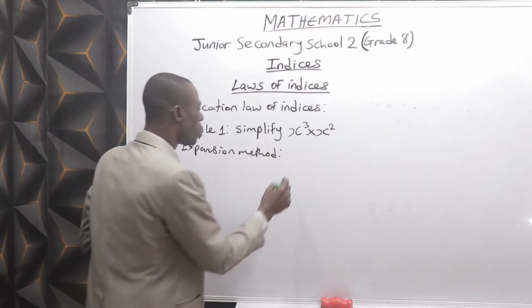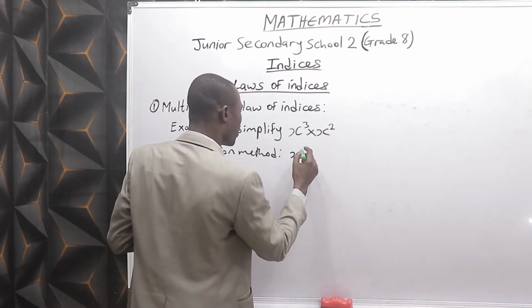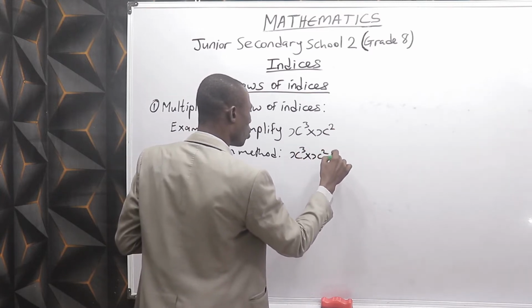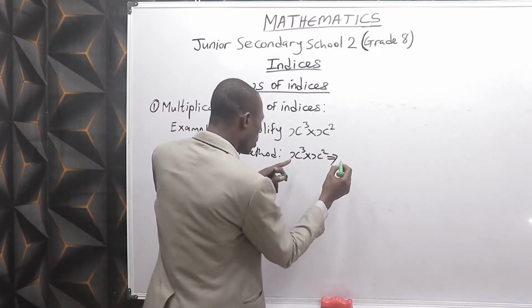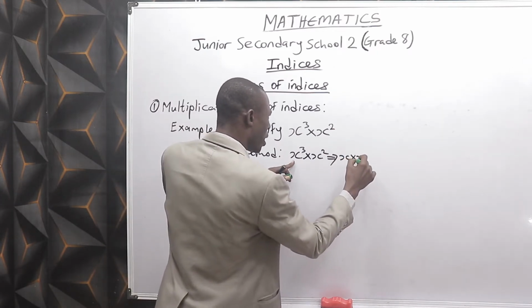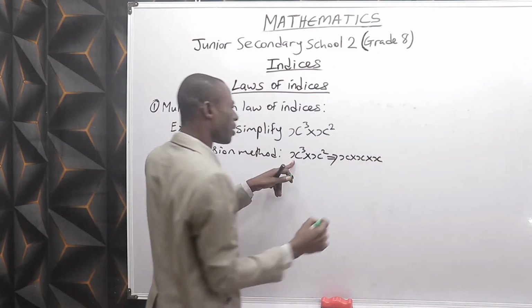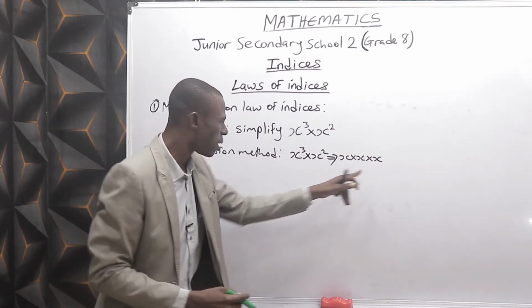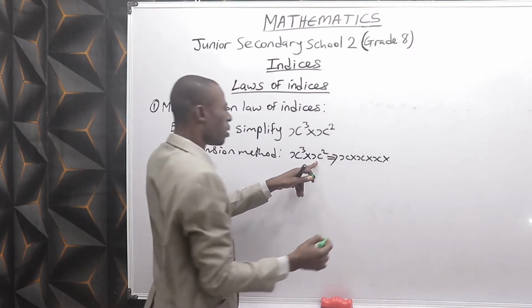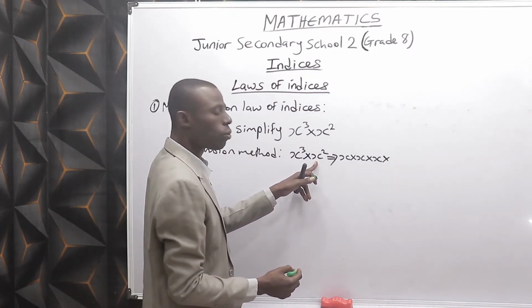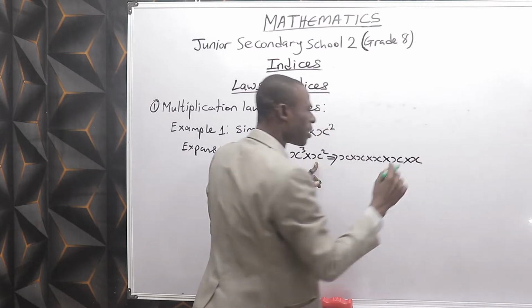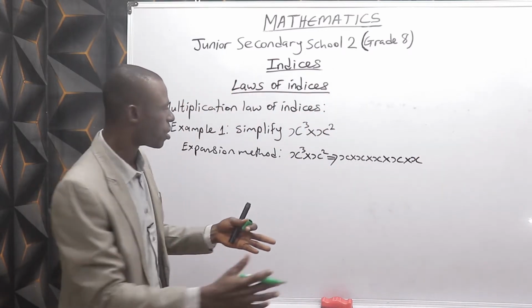In the expansion method, you turn x raised to power 3 times x raised to power 2 to x times x times x, that is for x raised to power 3, that means x in 3 places, times x raised to power 2. X raised to power 2 means x times x, that is x in 2 places.